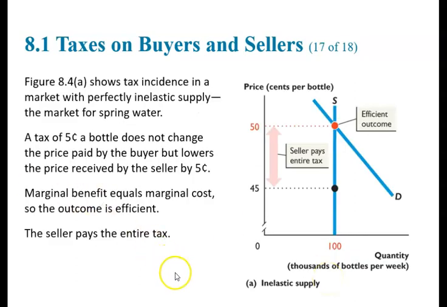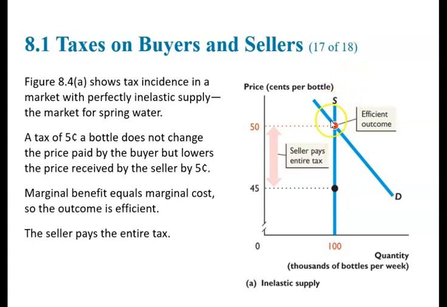So when that happens, suppose a tax of 5 cents a bottle is imposed by the government. There is a tax imposed on the seller, so the seller will pay the entire tax. Whenever there is a tax imposed on the seller, the supply curve moves upwards to S plus tax.